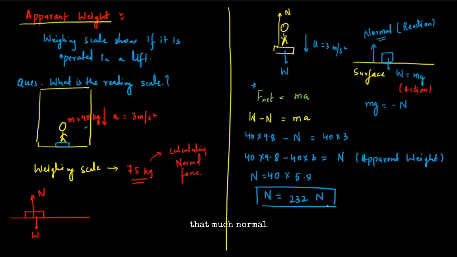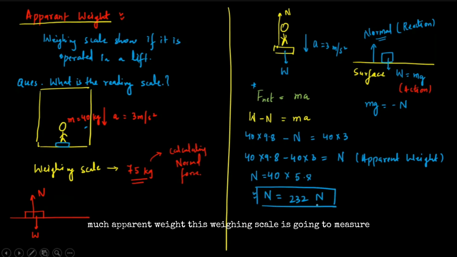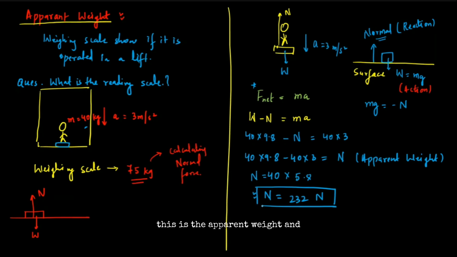That much normal, or that much apparent weight, is what this weighing scale is going to measure. So this is the apparent weight, and we can simply find it out by dividing the whole number by 9.8. So we'll get the apparent weight measured by the scale.